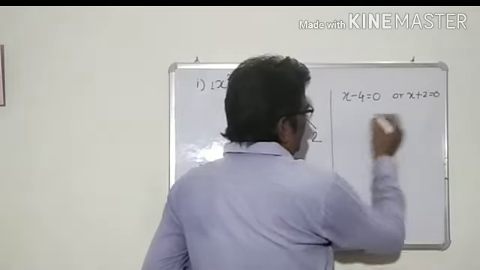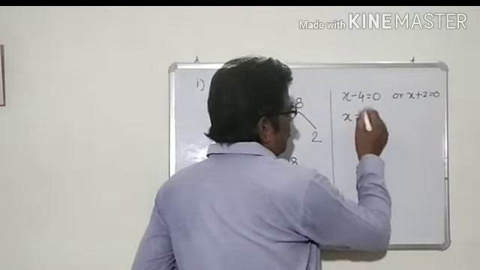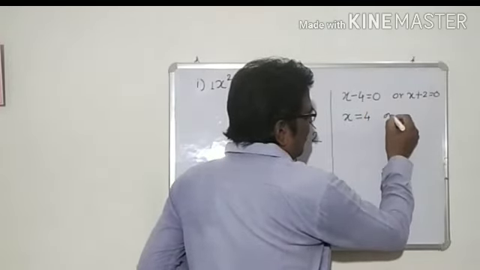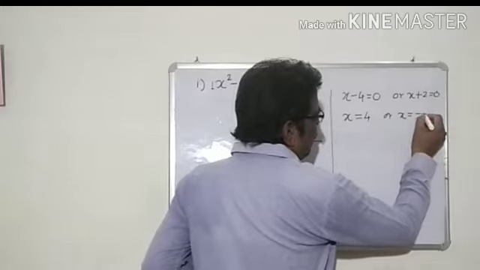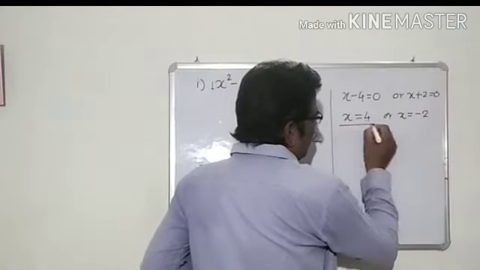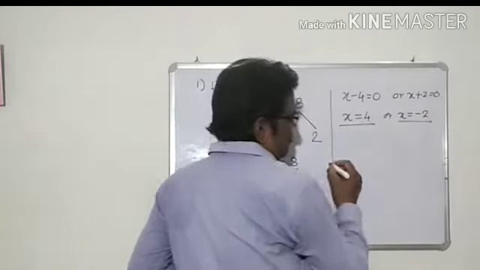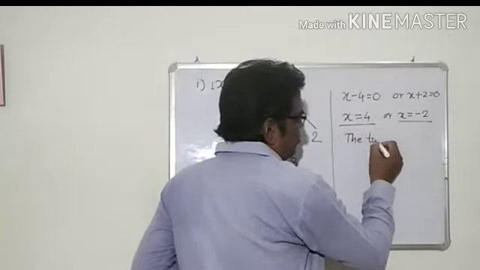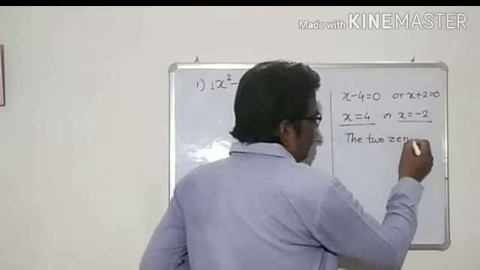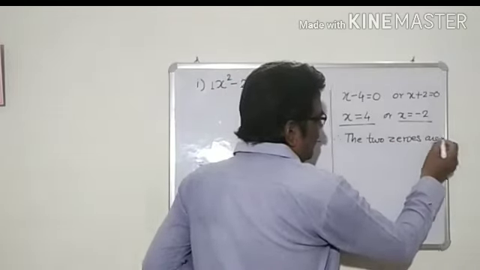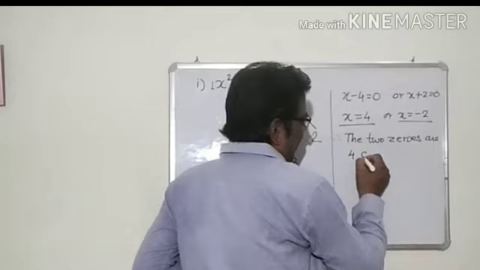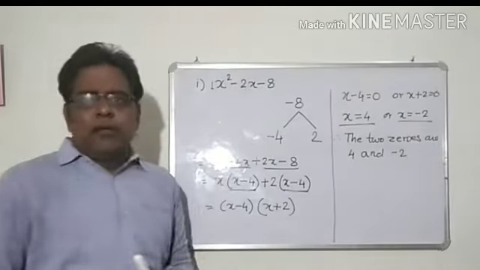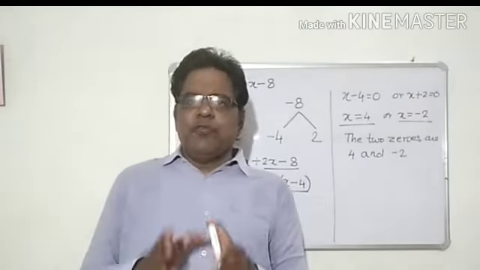If you do this, you get x equals, shifting this minus 4 to this side, plus 4, or x equals minus 2. So the two zeros are 4 and minus 2. You write therefore the two zeros are 4 and minus 2. So this is the first part of the question which we have done.